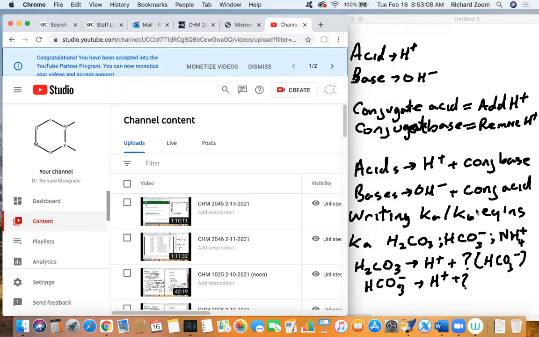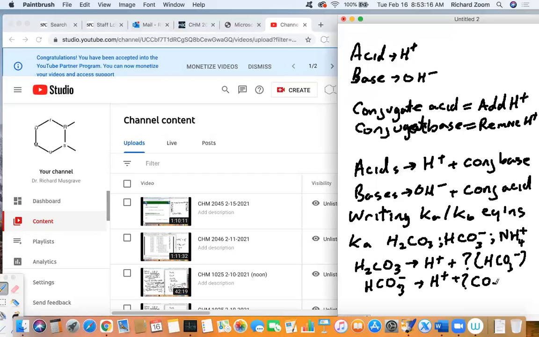But think about what the charge has to be in order to make that work. If this is H plus, then plus and then CO3 negative 2: plus 1 plus negative 2 is equal to negative 1, which matches the negative 1 on the other side here. So the charges on each side have to match.